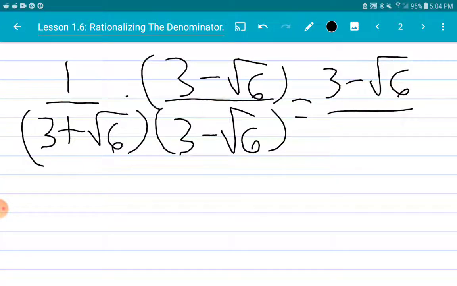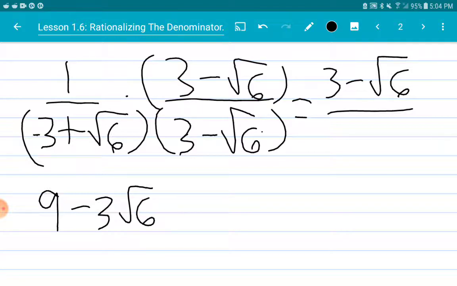What we want to do here is a FOIL. If you don't know what FOIL is, when you multiply binomials, you multiply the first. In this case that is 3 times 3, which is 9, and then the outer, which in this case is 3 and negative square root of 6, which will be minus 3 times the square root of 6.